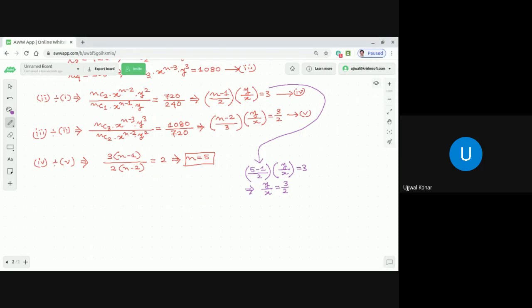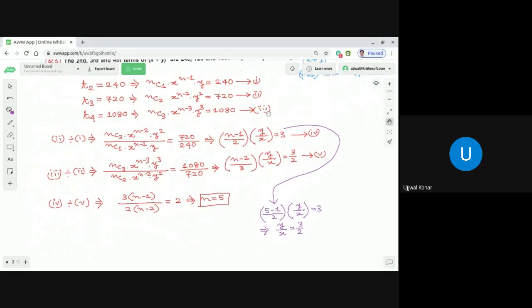Now, what we are going to do, dear students, is look back at equation 1. In equation 1, if we apply this value, y is equal to 3 by 2 into x. That we can do in equation 1.